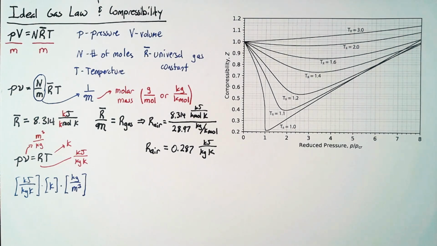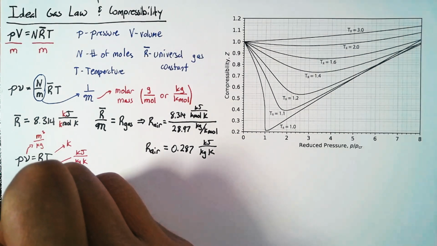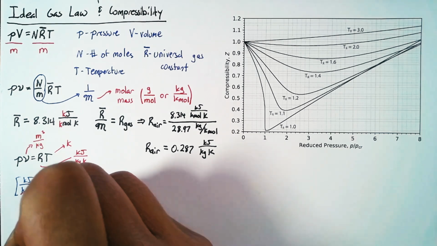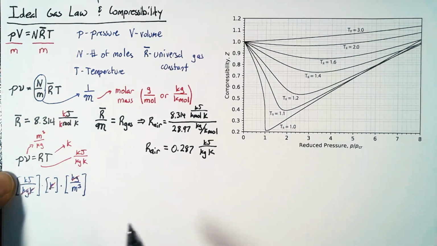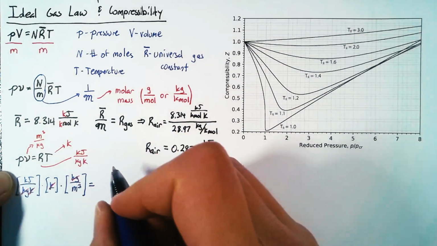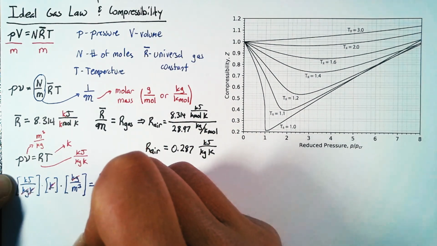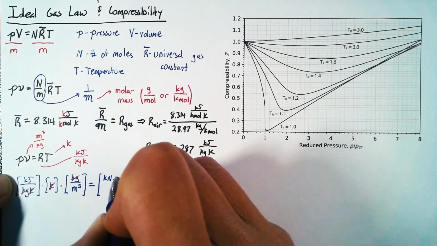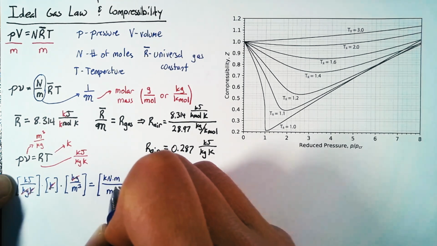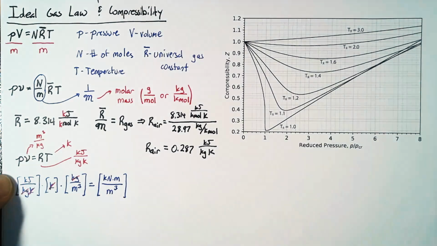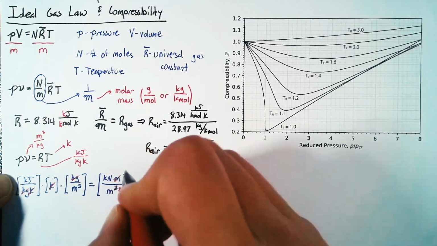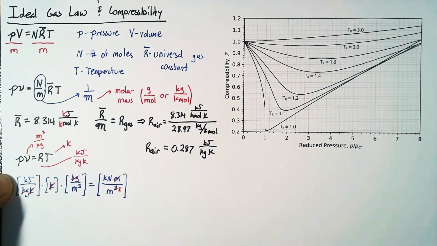We can see that our kilograms will cancel out, our Kelvin will cancel out, and we're left with kilojoules per meters cubed. We can simplify that just a little bit because our kilojoule is actually a kilonewton meter, divided by meters cubed. So that meter goes away and we're left with kilonewton per meter squared.